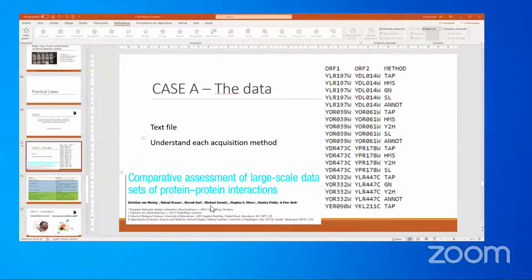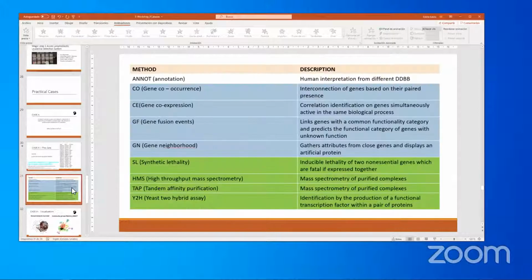So this is a real article that you can read if you want. They used in this case several types of data acquisition. The first one was human interpretation from different databases, annotation. Here we might see discrepancies, and it's really subjective to the person who is doing this annotation.